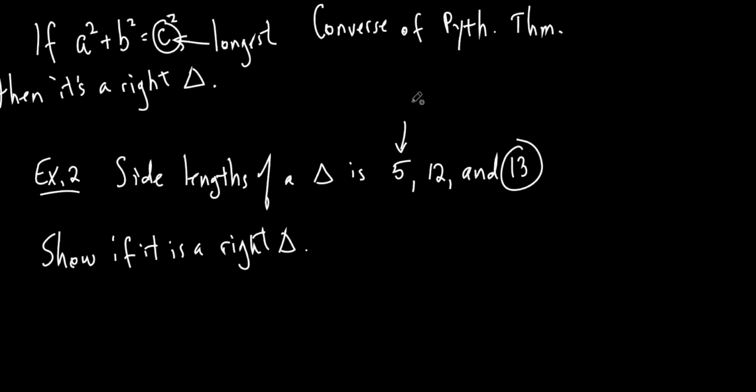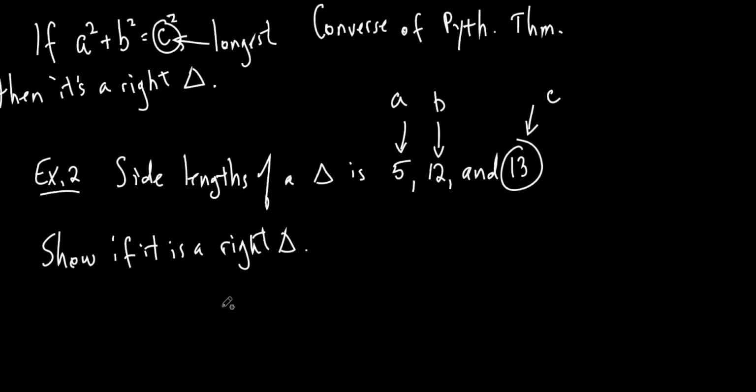So I'm going to make that 5 the A, I'm going to make the 12 the B, and I'm going to make that 13 the C. Why can't I make the 5 the C? Because 13 is bigger than 5. Right, because it's not the longest side, is it? Why can't I make the 12 the C? Because 12 is not the longest side. So that's why I make the 13 the C. All right, the 13 has to be the C.